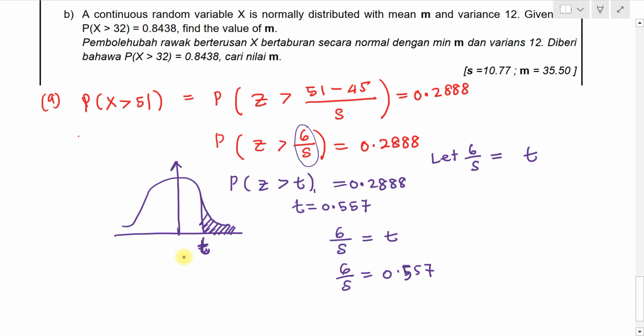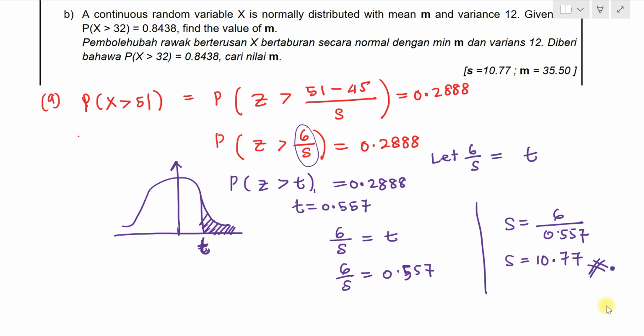So find out your S then. S equal to 6 over 0.557. And you should be getting S equal to 10.77. Okay. That is part A.